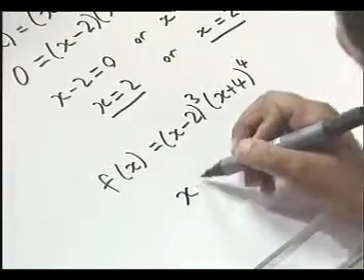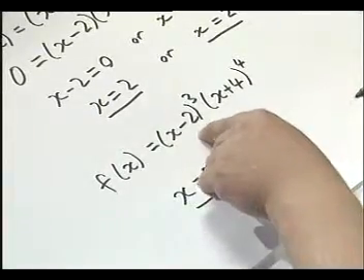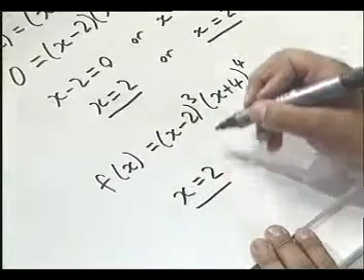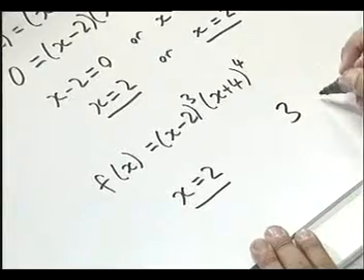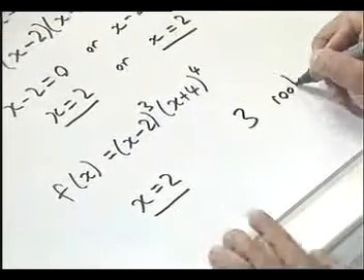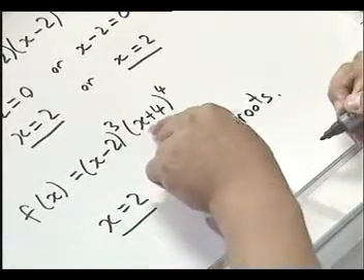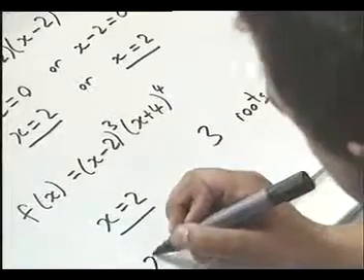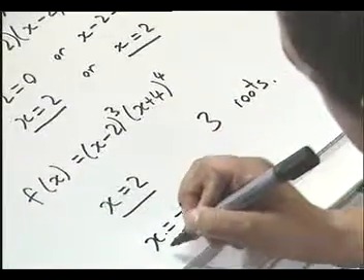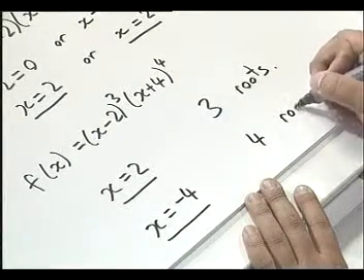So x equals 2 is one root, and actually there are 3 of those because it's cubed. So this has a repeated root, but 3 of them. So it's 3 roots for x equals 2. But also we can see that if x is minus 4, then this bracket will be equal to 0. So x equals minus 4 is a second root, and there are 4 of them there, so there are 4 repeated roots there.